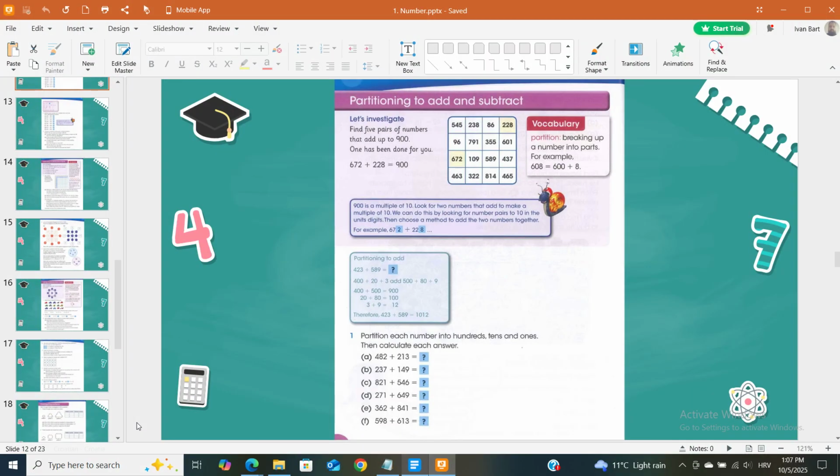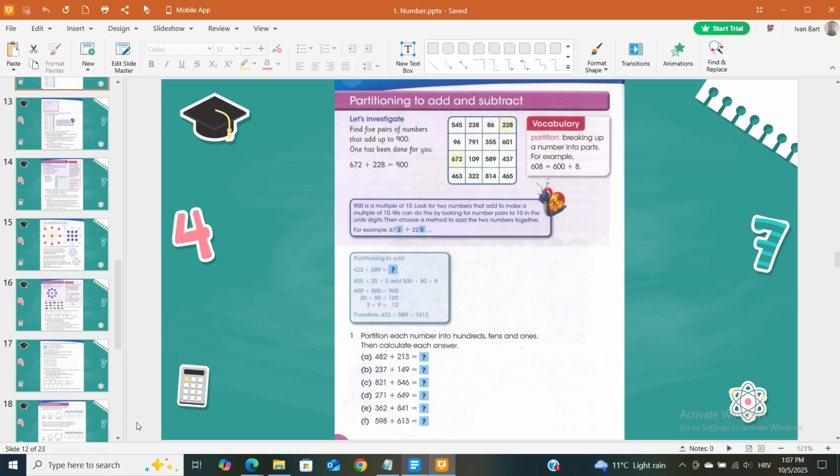Then calculate each answer. A. 482 plus 213 equals? B. 237 plus 149 equals? C. 821 plus 546 equals?